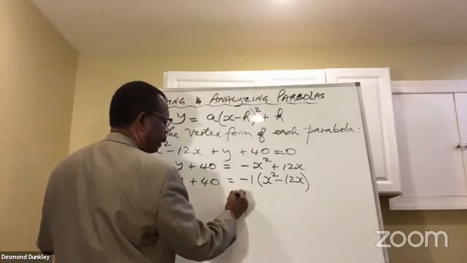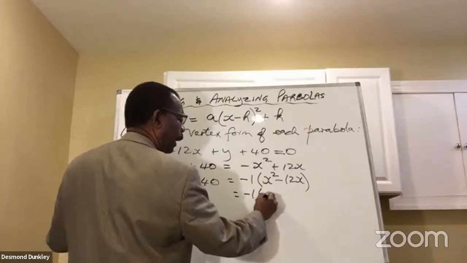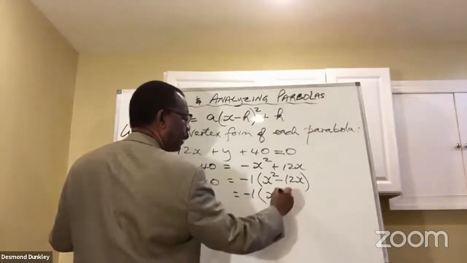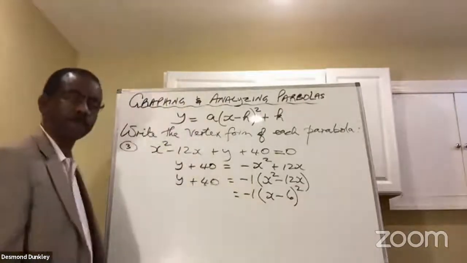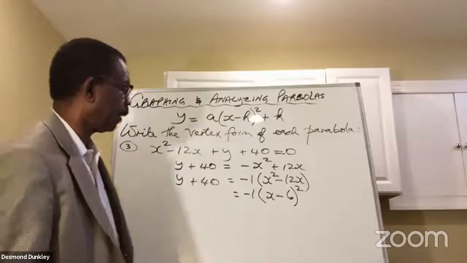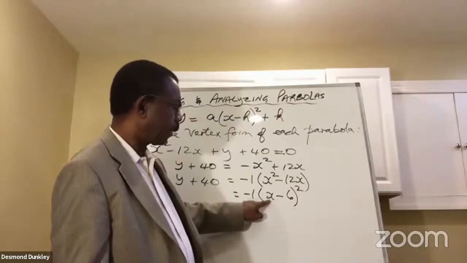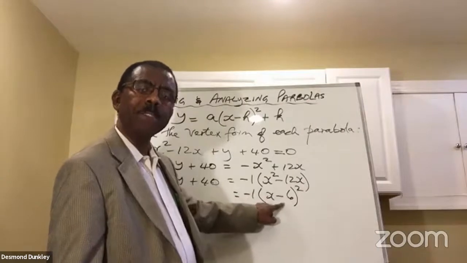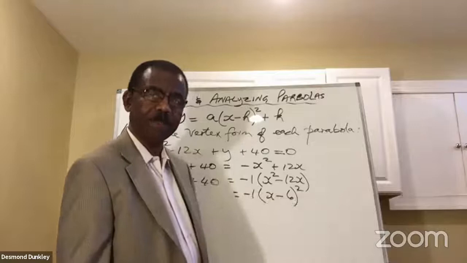So now we can go, it's negative 1 times x, divide this by 2, I get negative 6 squared. Let's watch for the adjustment. When I square this, I get x squared minus 12x plus 36.